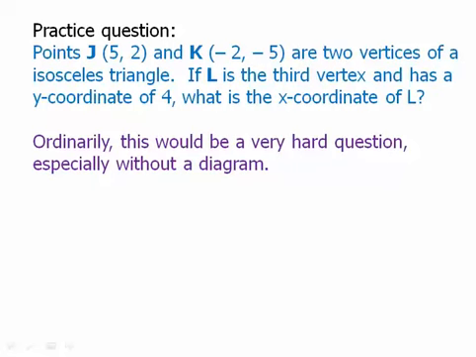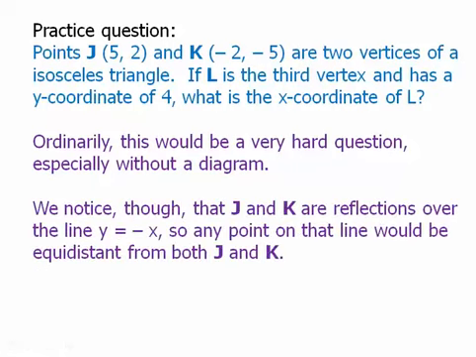Well, we notice, though, that points J and K are reflections over the line y equals negative x, because we switched the x and y coordinates and we've made the two positives negative. (5, 2) and (-2, -5). They have to be reflections over the line y equals negative x.